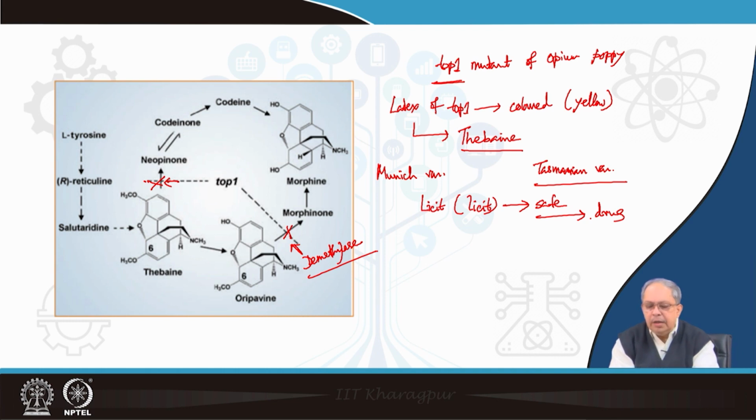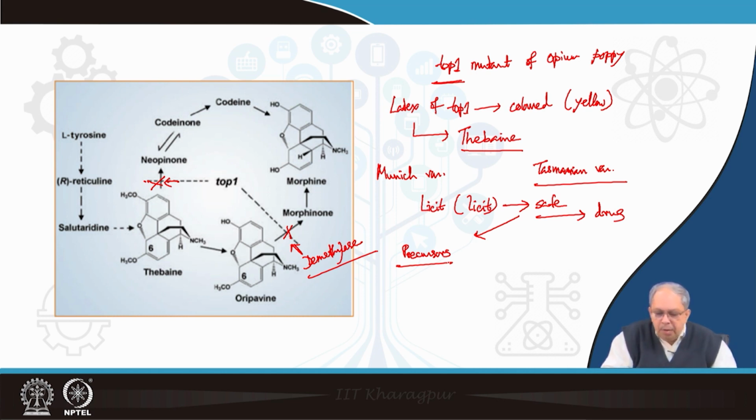So, there is a high demand for licit alkaloids, because these alkaloids can be used as precursors for synthesis of other pharmaceutically important alkaloids. Therefore, after the discovery of the top 1 mutant, the mutant plants were grown at large scale, and that is utilized by the industries located in Tasmania for harvesting licit alkaloids, which is indeed very exciting.